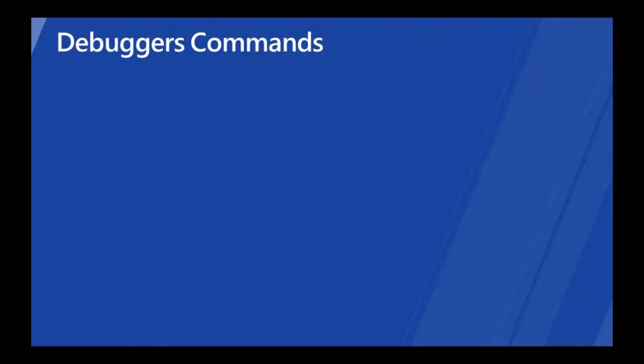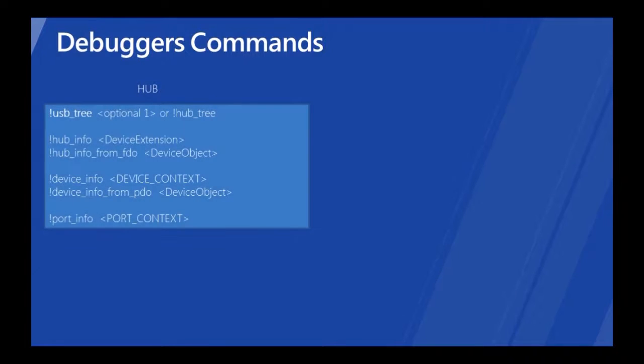This slide shows all the debugger extension commands grouped by the components they interact with. So let me first introduce the hub commands. On the top you see a command called !usb tree.